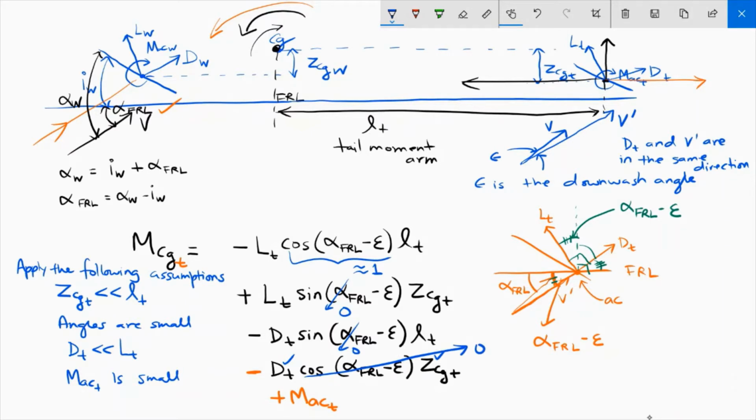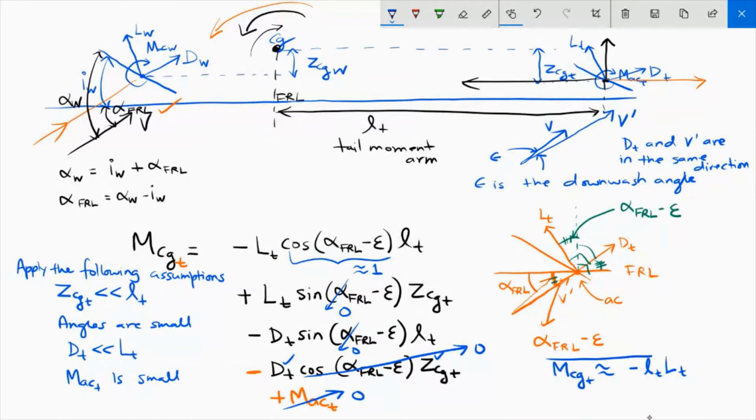And we have already said that the moment about the aerodynamic center of the tail is small, so this is also equal to 0. So we are left with only one term, which is moment about the center of gravity caused by the forces acting on the tail is equal to minus tail moment arm times the lift on the tail.